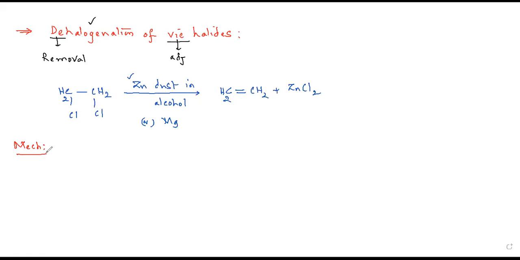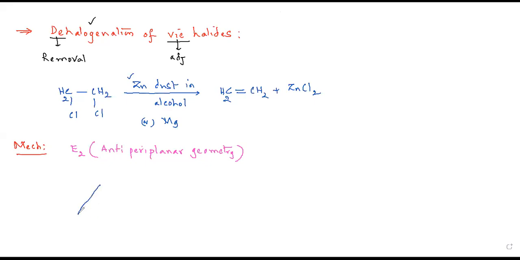Now coming to the mechanism, obviously it is E2. Mechanism is E2. We need to be having the anti-periplanar geometry to each other, right? Anti-periplanar. It is to be noted.